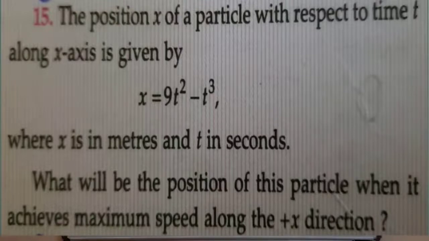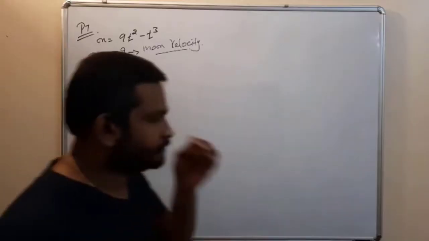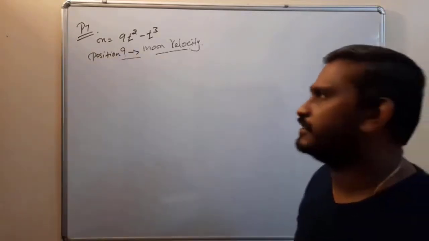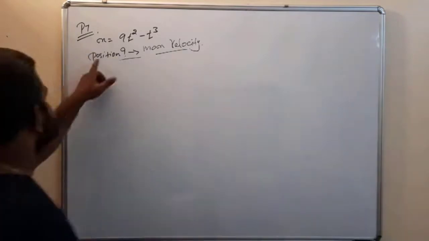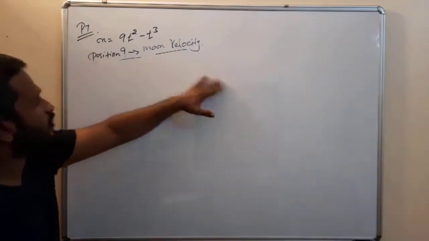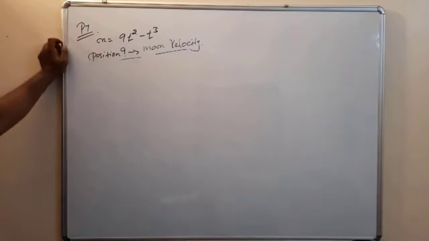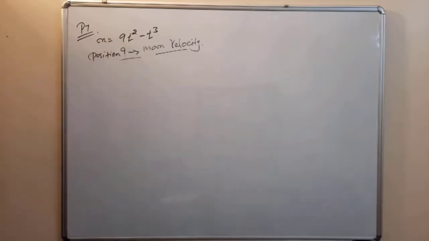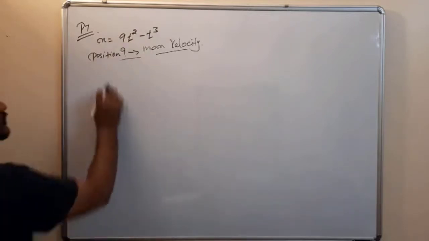So the position of the object is given by x is equal to 9t square minus t cube. We have to find the position of the same object when it reaches the maximum velocity.